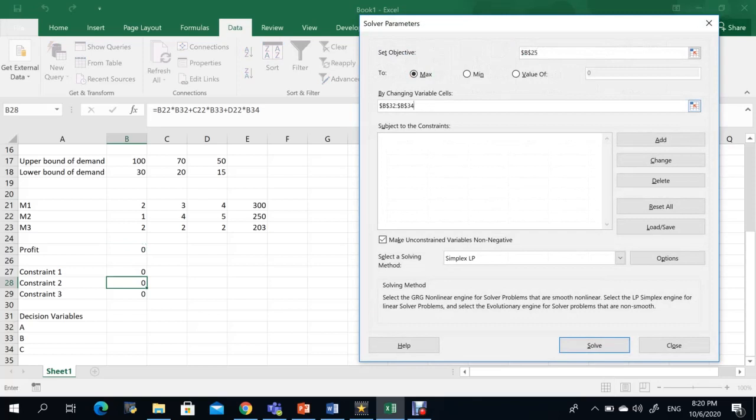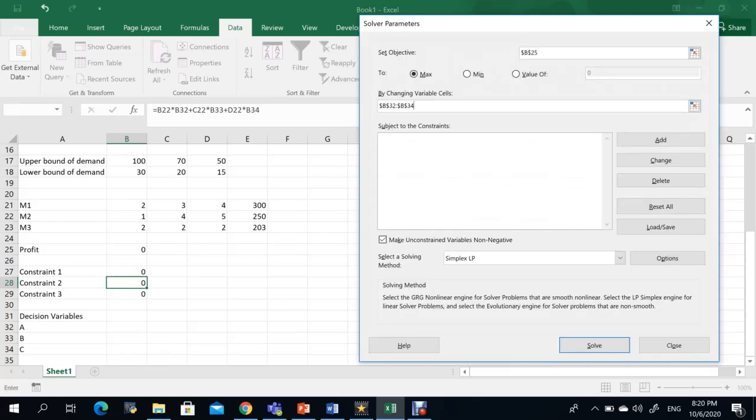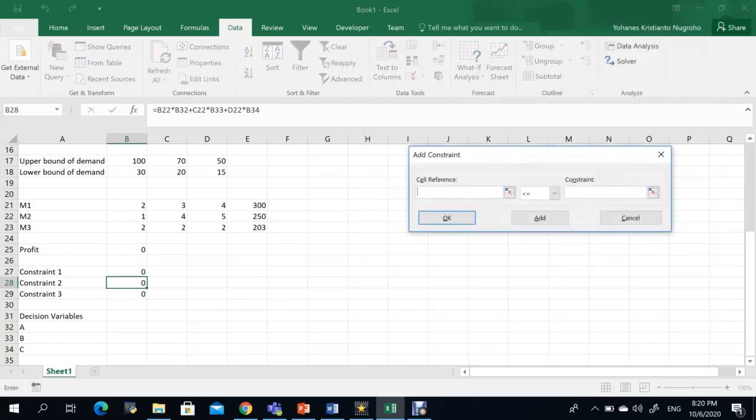Okay, by changing A, B, and C to maximize P25, subject to, we have to add a constraint that the A produced cannot be higher than the upper bound, 100. Should be less than or equal to 100.